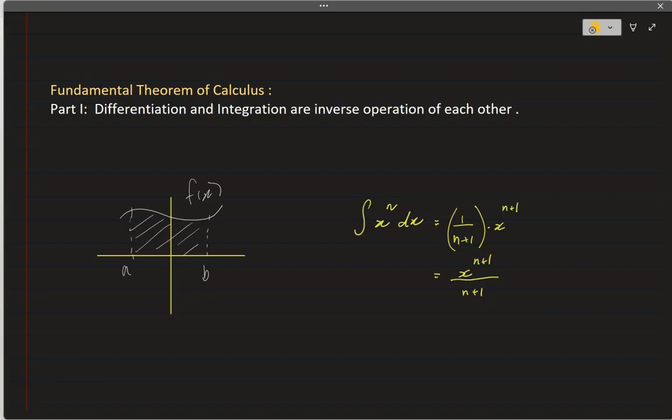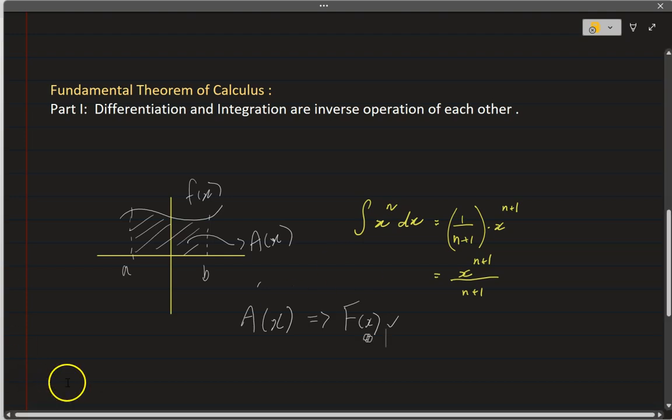Let's call this the area function A(x). What happens is that if you take the derivative of A(x), let's call that A prime of x, you're going to get the original function f of x back. Okay, that's what it means.